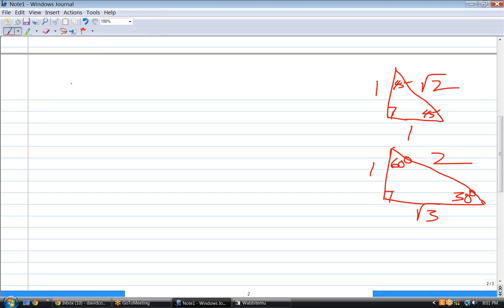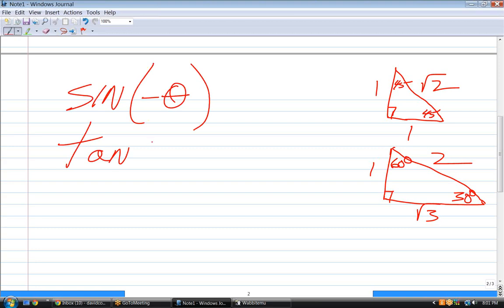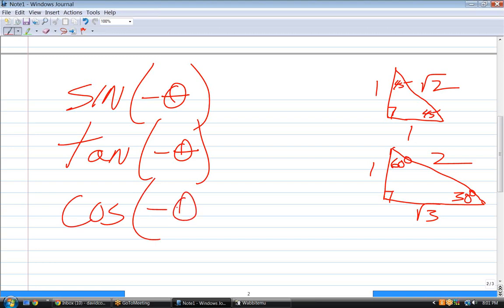Now, something that's worth knowing, let me just go through this. These 3 functions are either odd or even. 2 of them are odd, 1 of them is even.